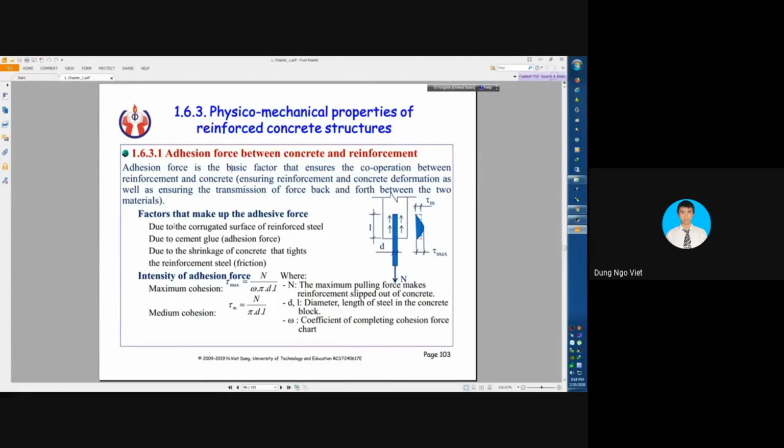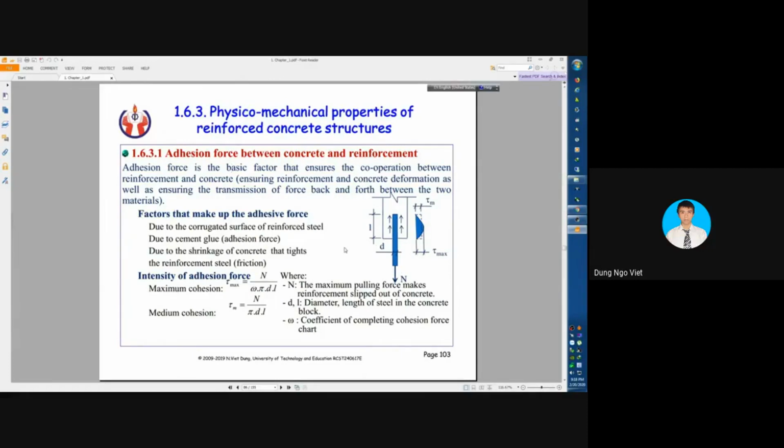The factors that make up the adhesive force are the conjugated surface of the reinforcing steels, the cement glue or adhesion force, and the shrinkage of concrete that ties the reinforcement steels, or the friction.